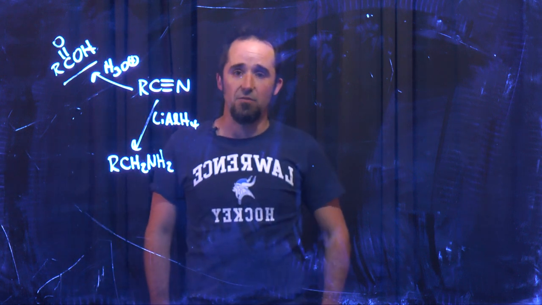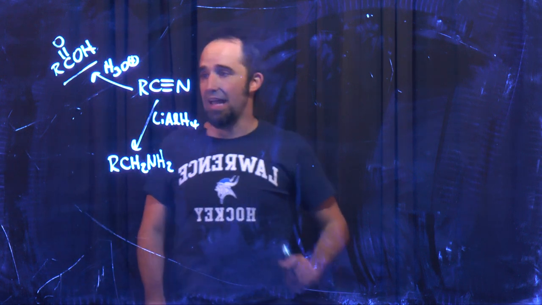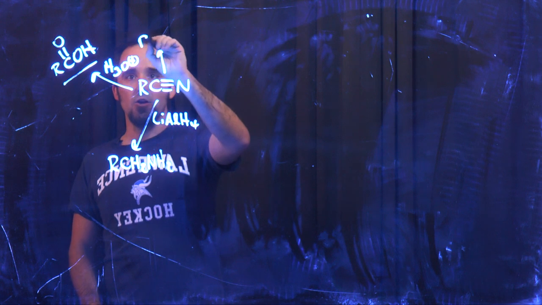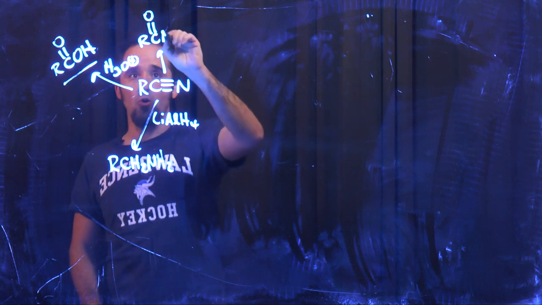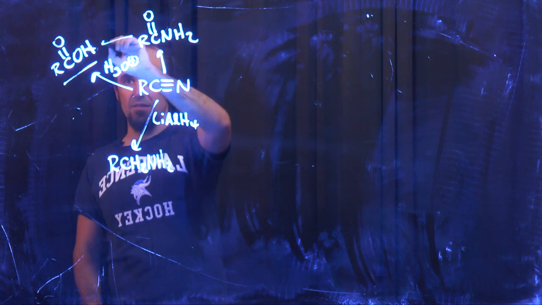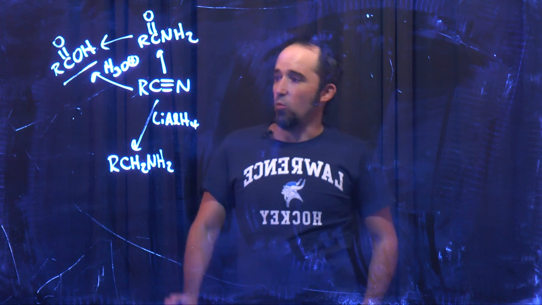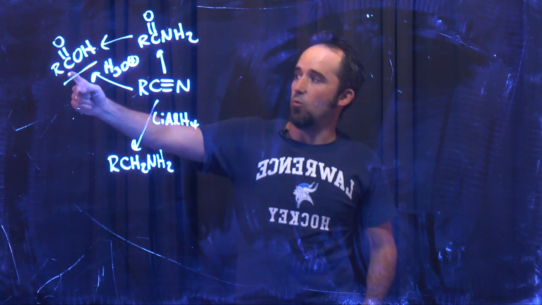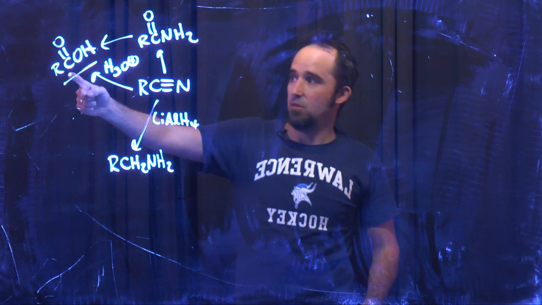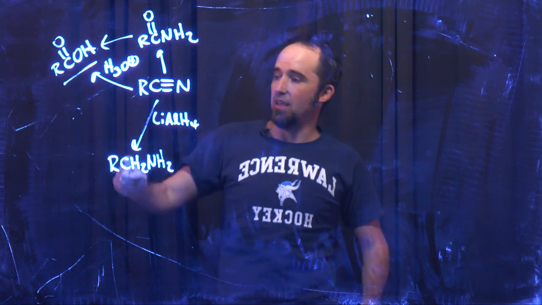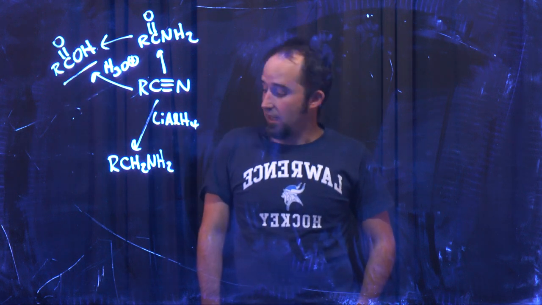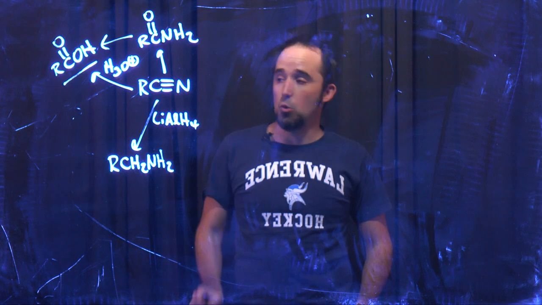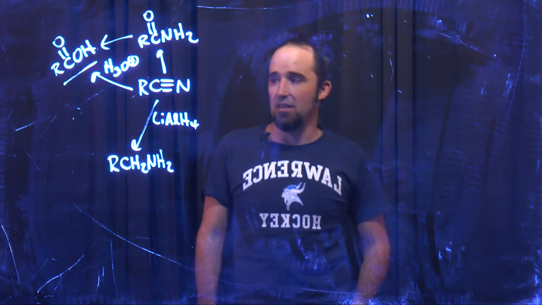So it's two different things we can do with nitriles. And actually, if you remember, we learned that that reaction goes through amides. So we can get to an amide, or we can push it all the way to the carboxylic acid. So now these are three functional groups we can get to from the nitrile. And I'm about to give you one more cool reaction that nitriles can do.